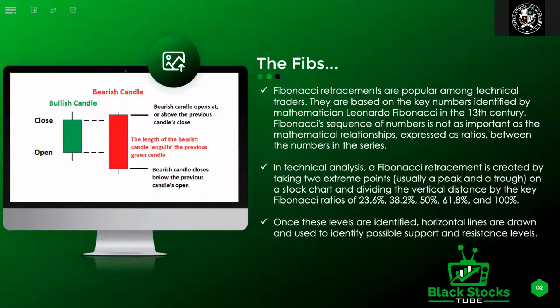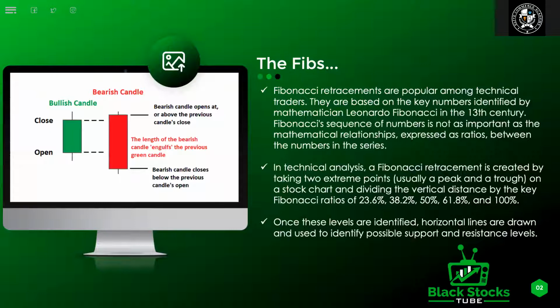In technical analysis, a Fibonacci retracement is created by taking two extreme points, usually a peak and, I'm gonna say, a bottom, so the high and the low, on a stock chart, and dividing the vertical distance between them by the key Fibonacci ratios of 23.6%, 38.2%, 50%, 61.8%, and 100%. All this stuff is already calculated on the actual indicator.